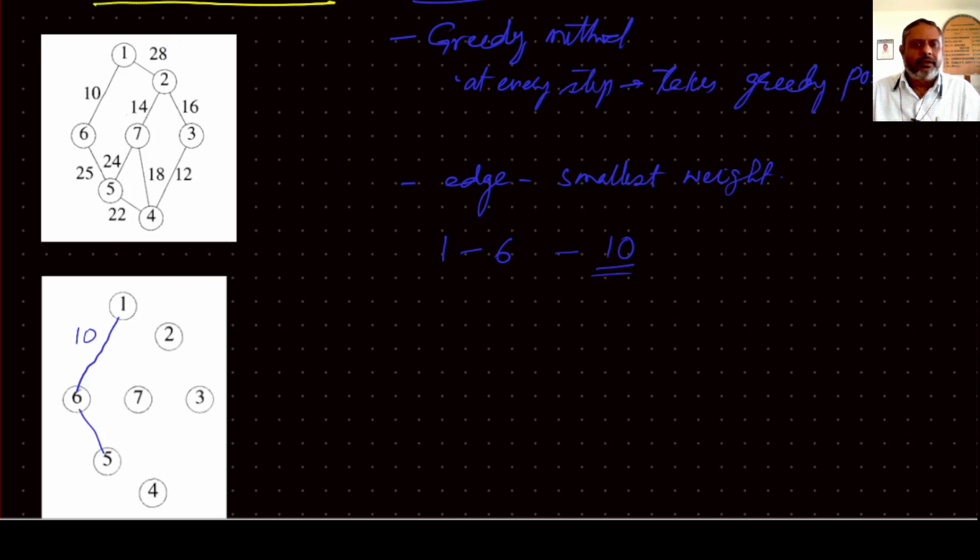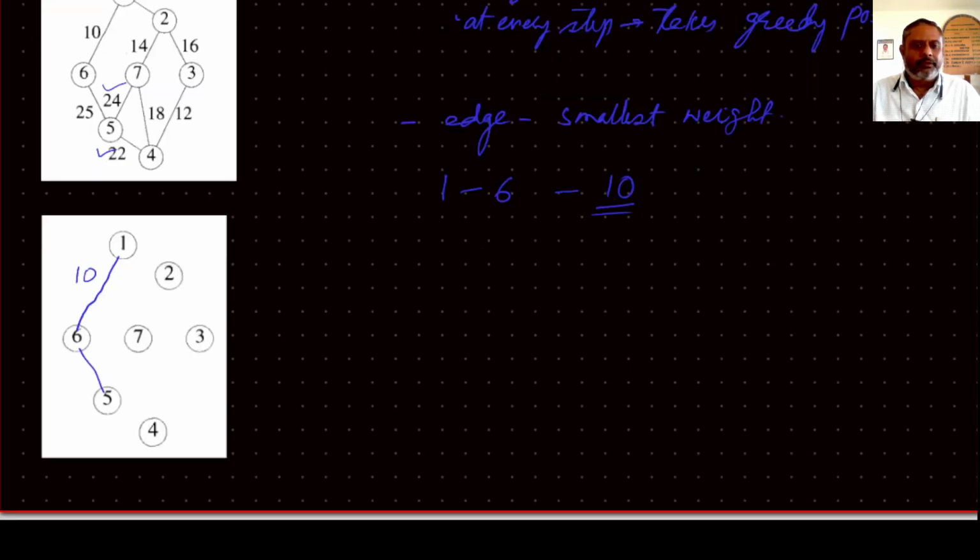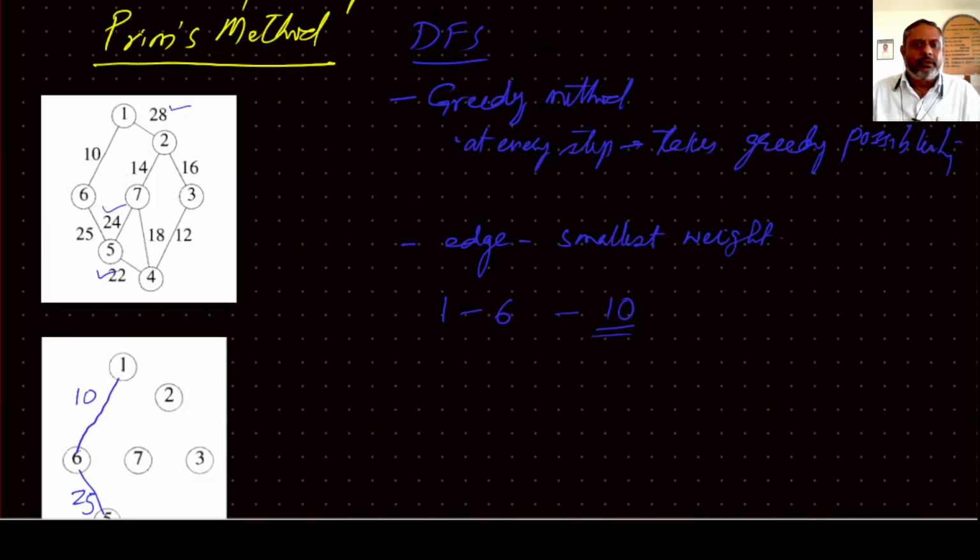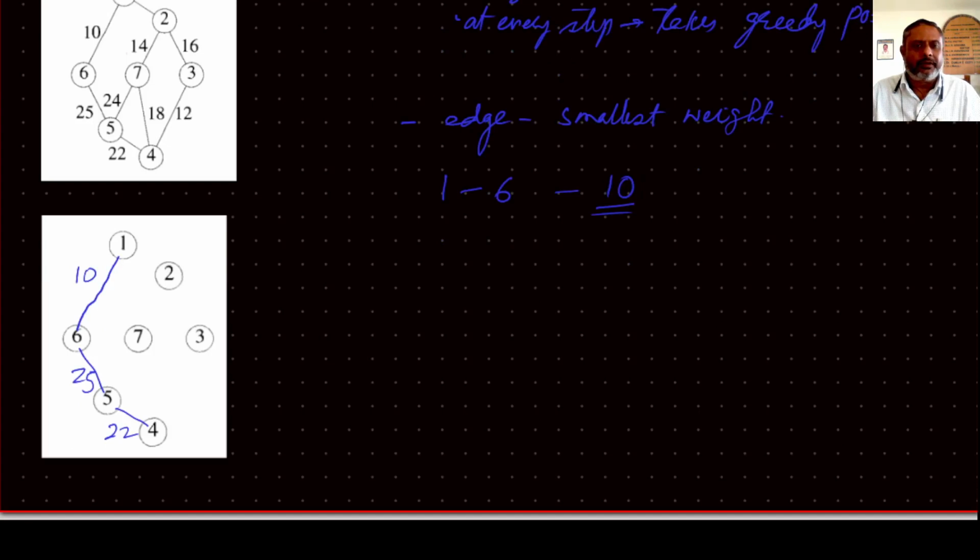So in the second step, 1 to 2 can be used, or 5 to 4 can be used, or 5 to 7 can be used. So this is 28, 22, 24. Therefore 22 happens to be the better chance, so we extend with this 22. So that ends that, and now we have 1, 6, 5, 4.